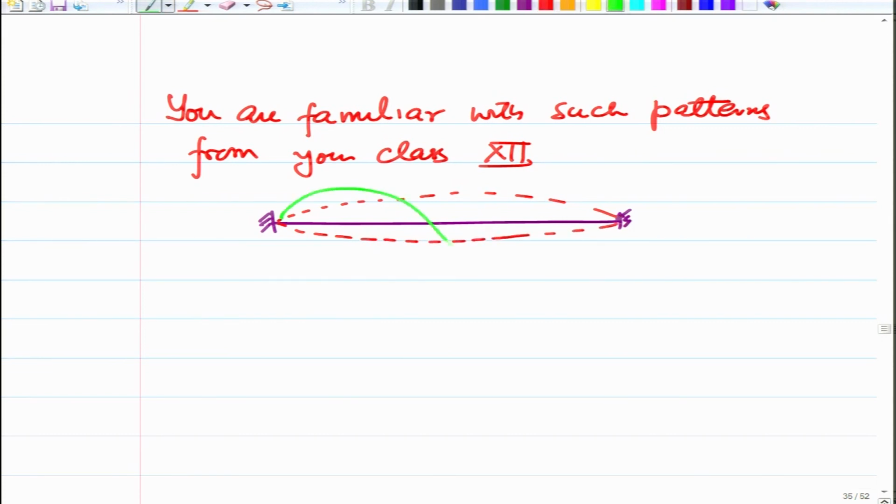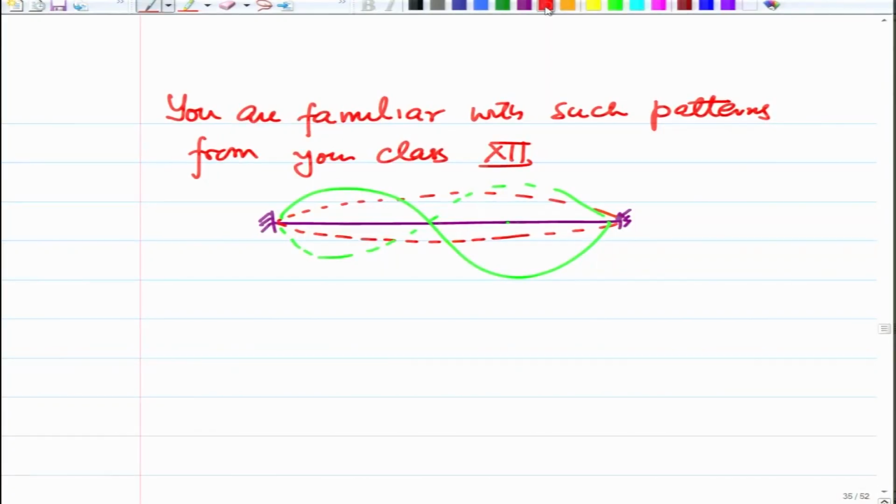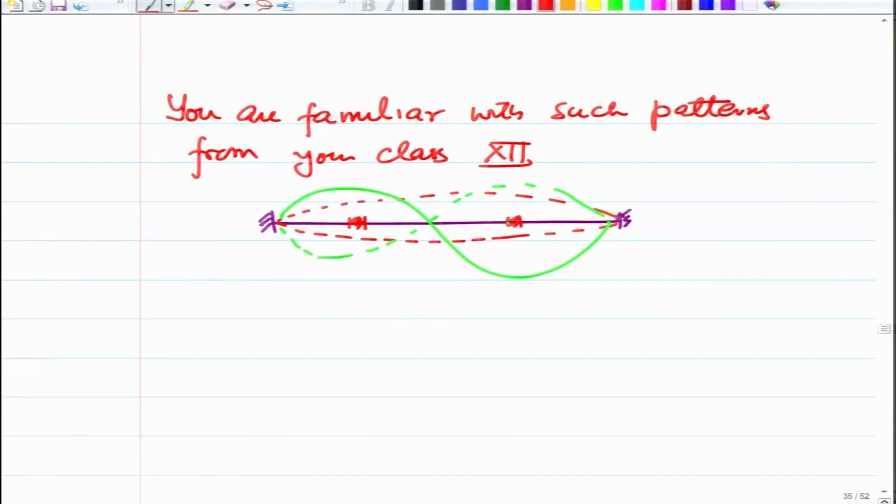It can vibrate in the next harmonic like this, right. In this case, the individual parts of this string are related by this phase relationship, as if there is a wave traveling, right. So, what you have studied in the past is that I can consider this as a standing wave, which is a superposition of two traveling waves. So, each part of this string, for example, this part and this part, their motion is related by a wave like relationship. So, this is a pattern, and this pattern is known as normal mode.